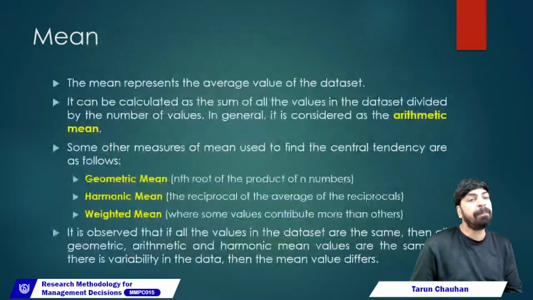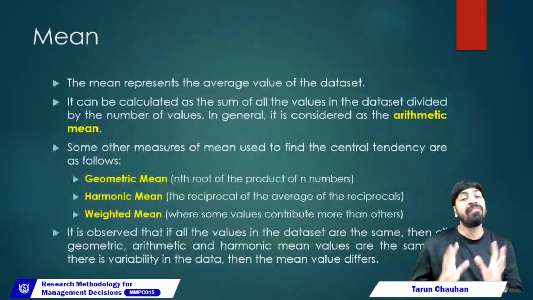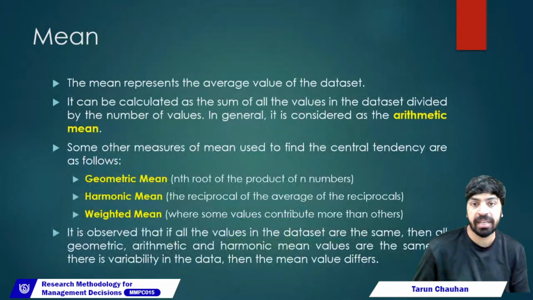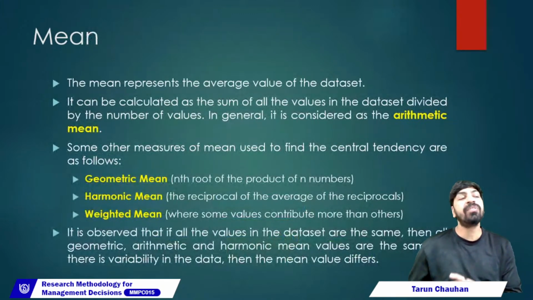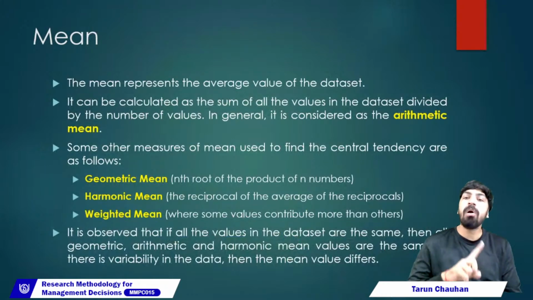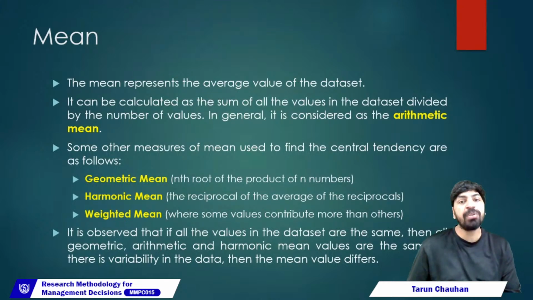Let's talk about the mean. Mean refers to the average value of the data set. It refers to the sum of all the individual values of the data set divided by the number of values or the number of observations.